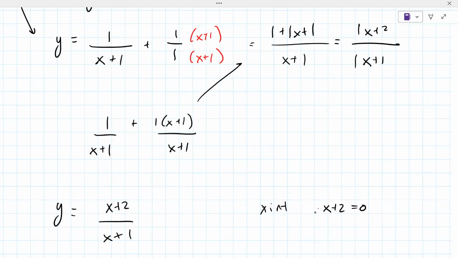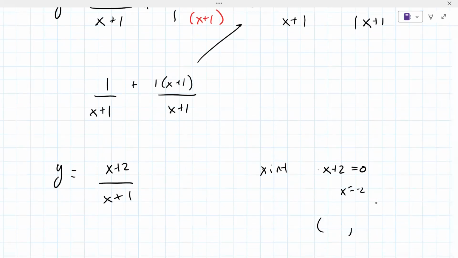Okay, it's the top. Top equals 0. So -2 then. Okay. So this time it's an ordered pair. Yes, x is -2. What is the ordered pair, though? It would be -2 comma 0.